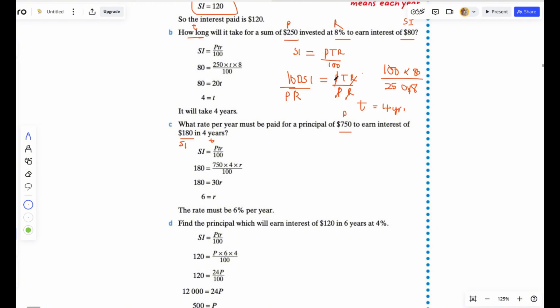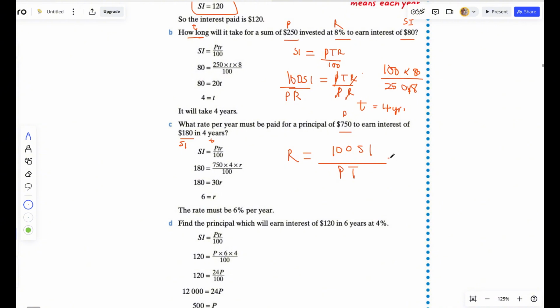So instead of dividing by PR, we divide by PT. Our rate formula will be 100 times simple interest all over the principal times time.